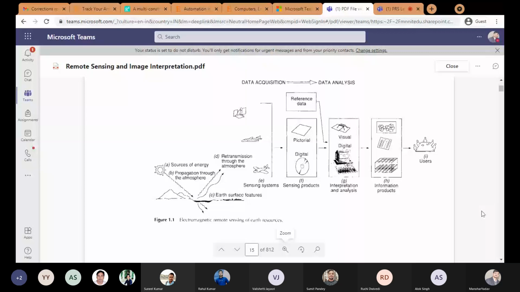Okay. So as you see over here, there is a depiction, step A, that is sources of energy. Okay. So there could be different sources of energy.